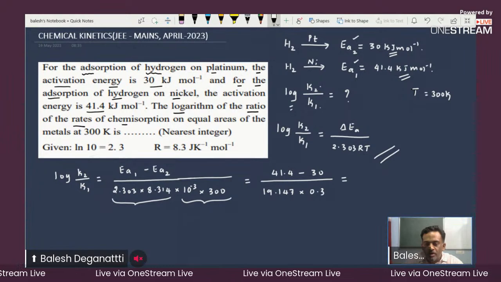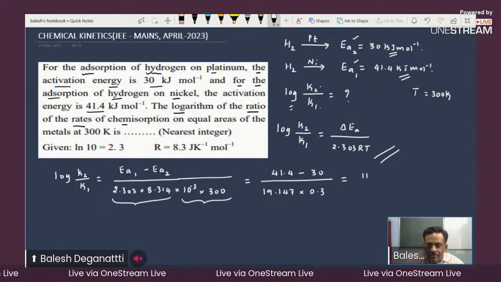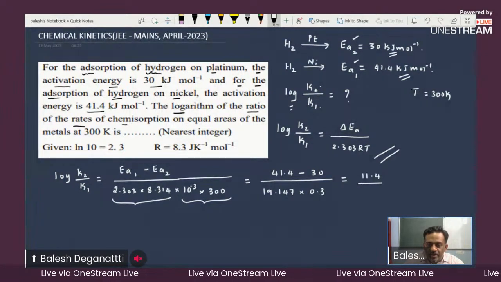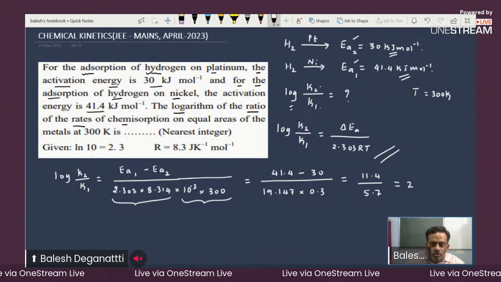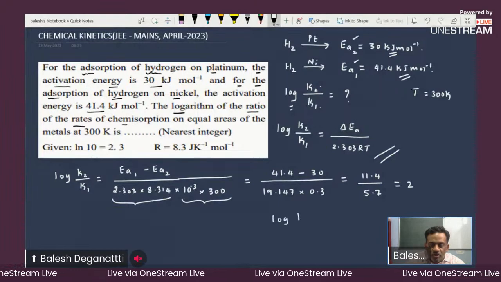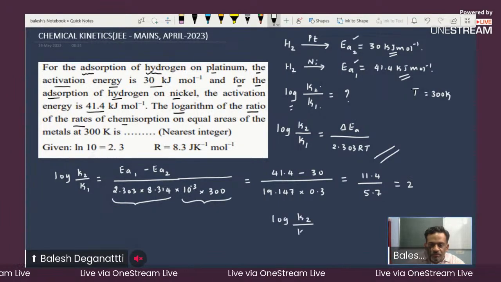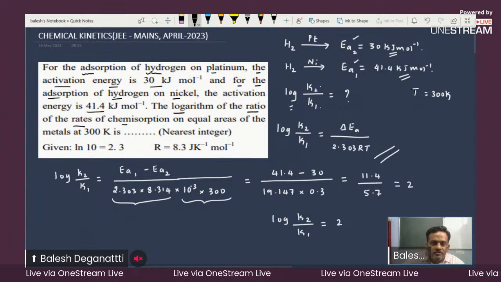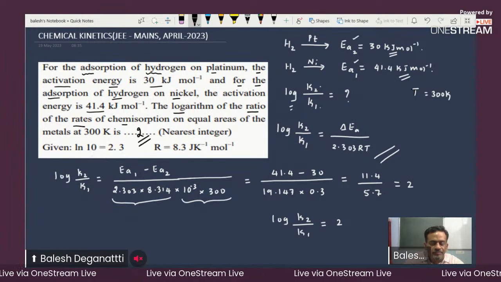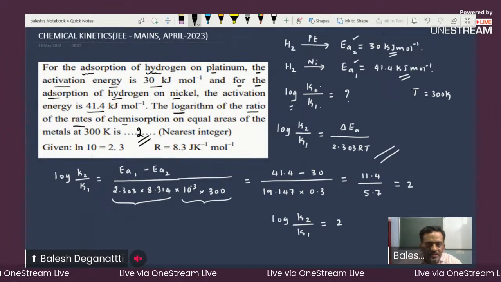So in the numerator, 41.4 minus 30 is about 11.4. In the denominator we will be getting about 5.7. So this would be approximately 2. So our answer for the log of the ratio of rates of these two processes is 2. Got it? Let's go to the next question.